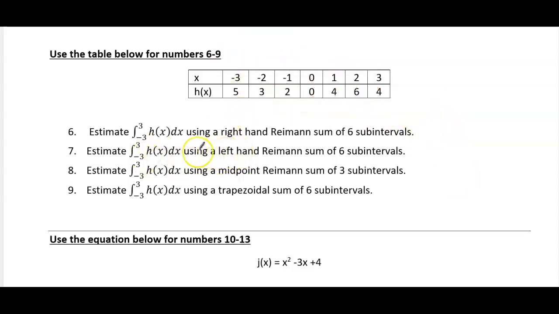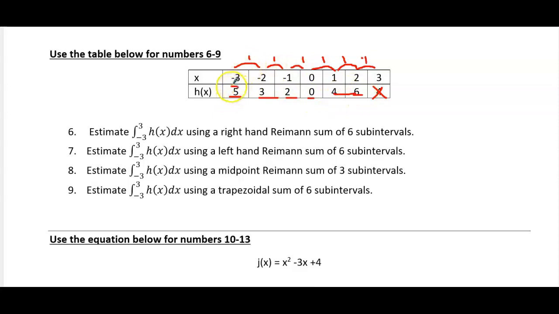All right, let's go ahead and do the same thing here now. For number 7, we're doing a left-handed sum. The only difference when you're doing left-handed sum is you're going to leave out the last value on the right side. Now, as we said, all the bases were 1. And these now will represent our heights.